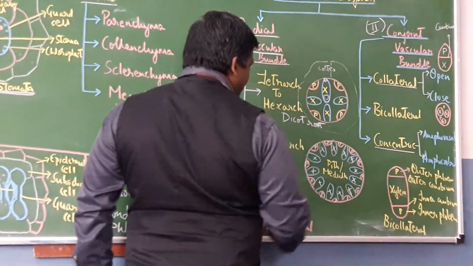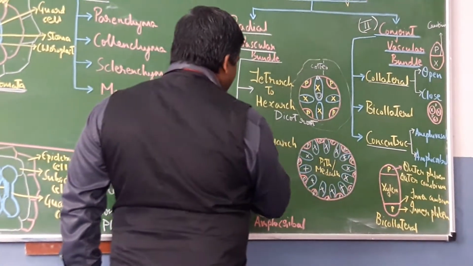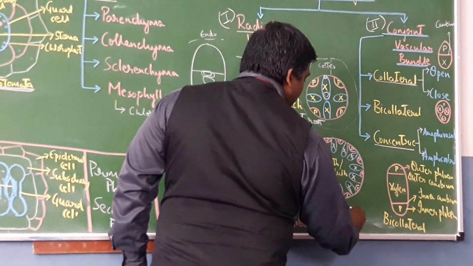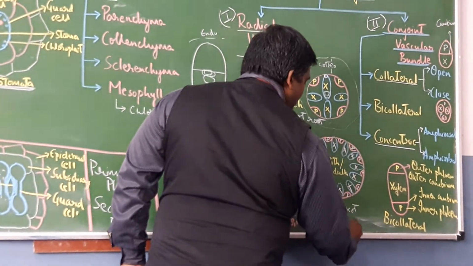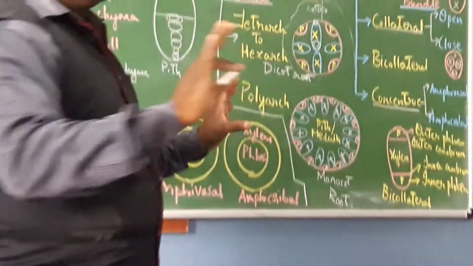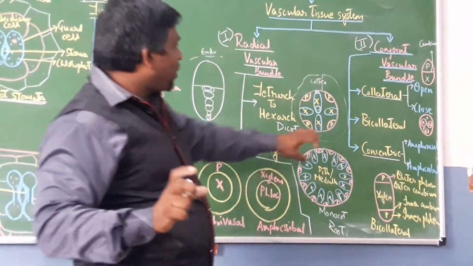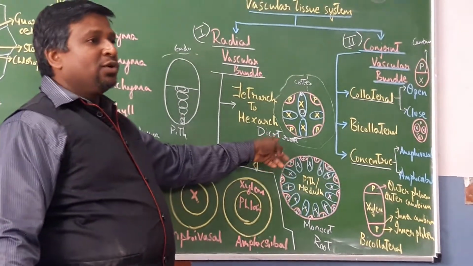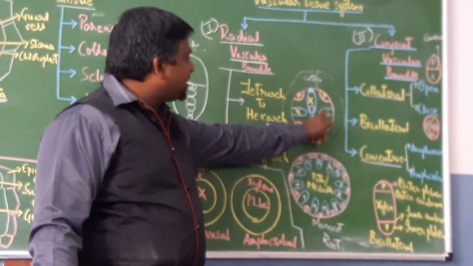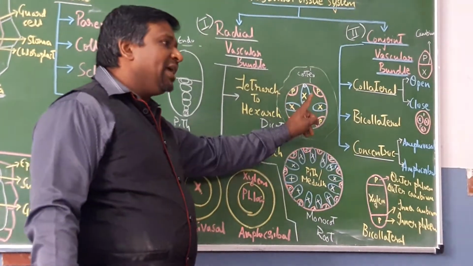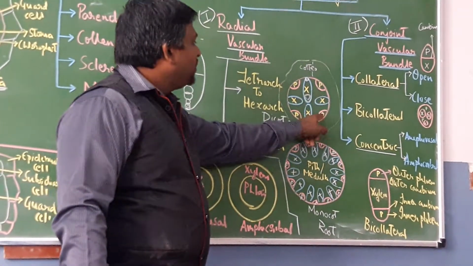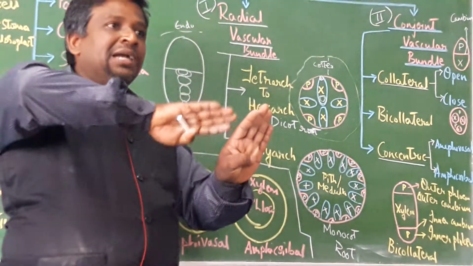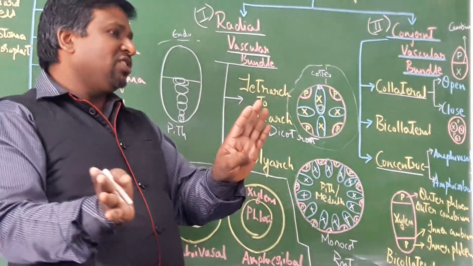Polyarch you notice in the case of monocot root. I am not drawing the cellular details here, I am drawing a ground plan of it. In the case of dicot root, you notice four patches of xylem alternating with four patches of phloem.